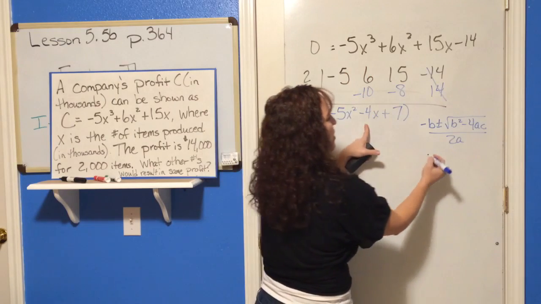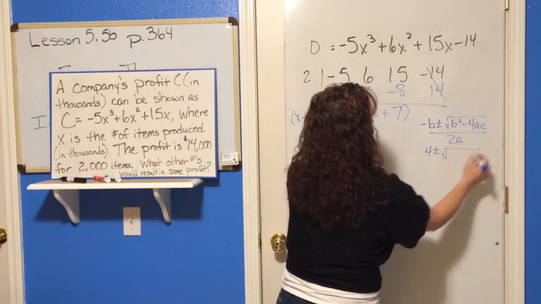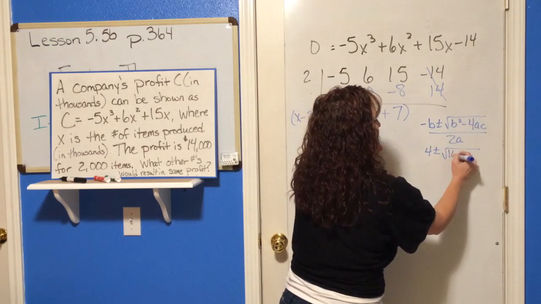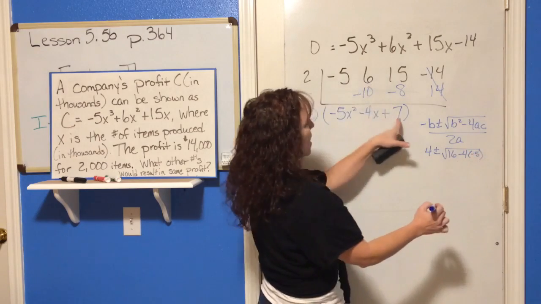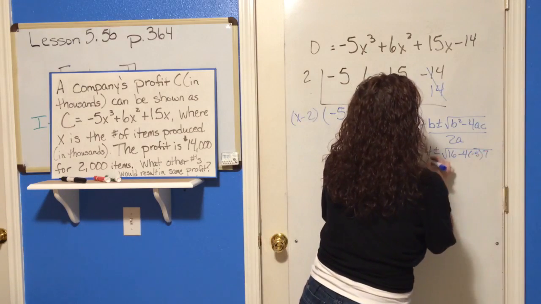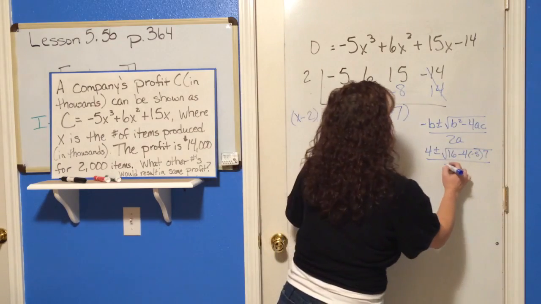So you're going to put in -4, negative of a negative is +4, plus or minus the square root of b squared, which is 16, minus 4 times a -5 times 7, all over 2 times a, which is -10.